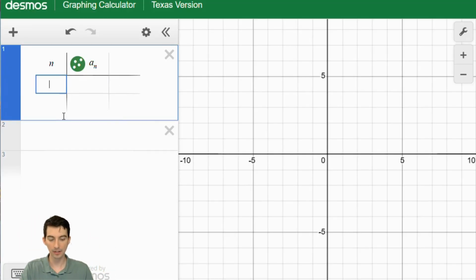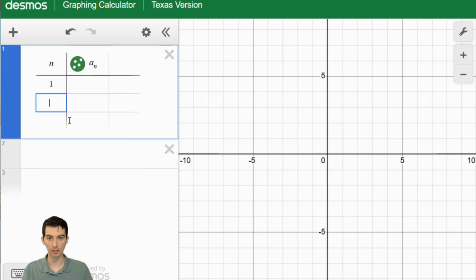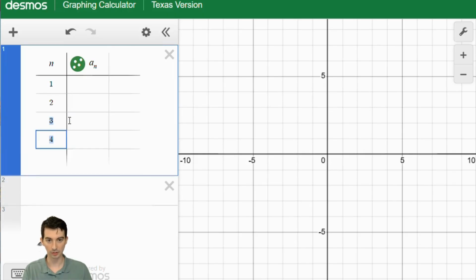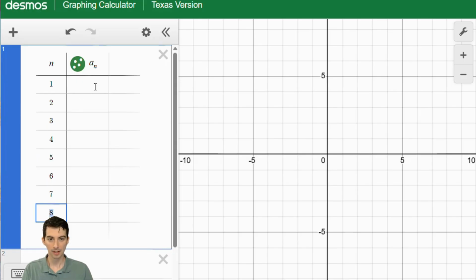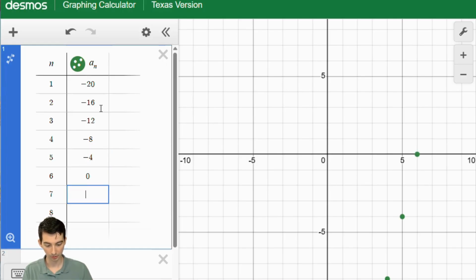And so now I can plug in. I went from 1, 2, 3, and I had my first 8 term numbers. And my term values were -20, -16, -12, -8, -4, 0, 4, and 8.